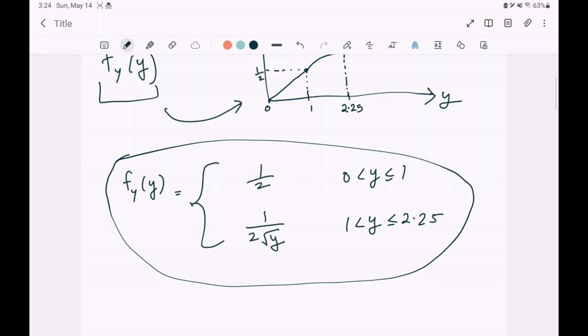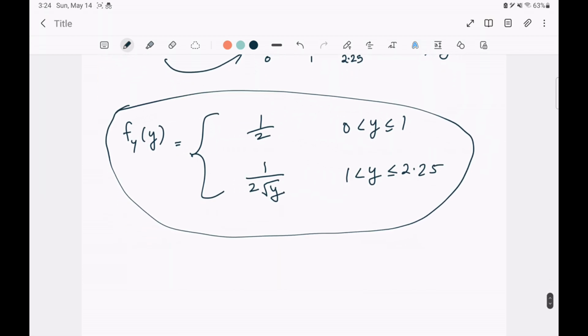Here we have found the probability density function of small y. Its value is constant at half from 0 to 1, and then it decreases. The value would decrease from half down to where y is 2.25, where it would be 1 by 2 times 1.5, which is 1 by 3.